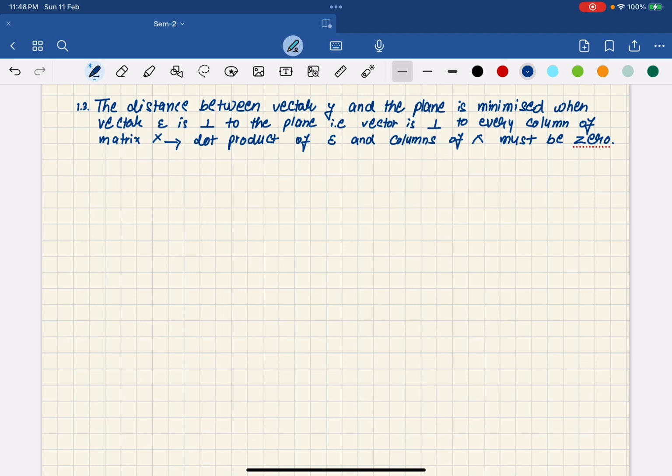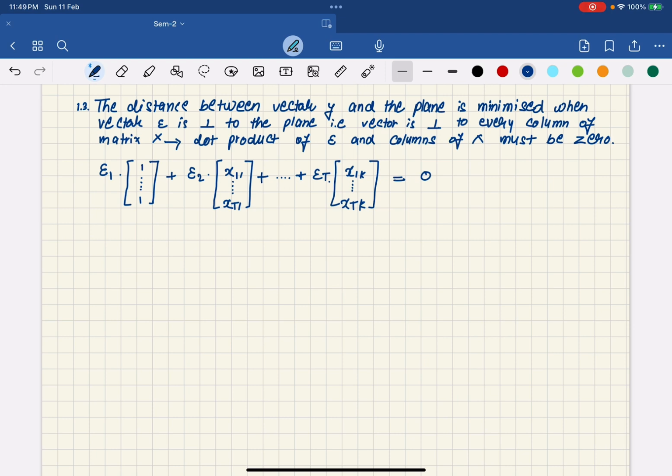So in this case, error term 1 dot first column of matrix X, plus error term 2 dot second column of matrix X, plus, and this will go on till error term T dot last column of matrix X. This should be 0.